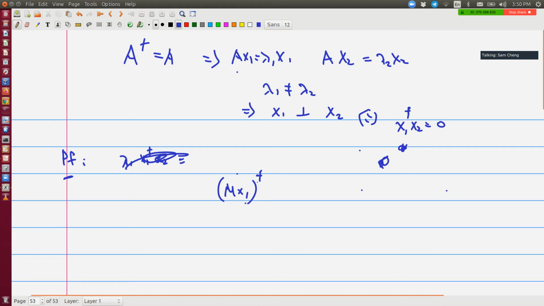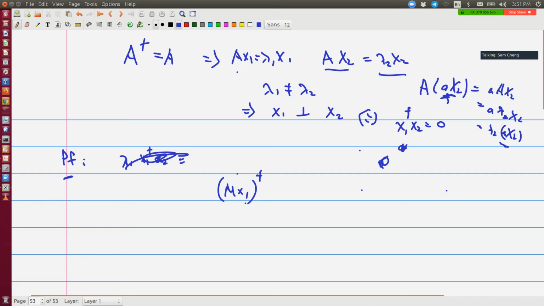It depends on A. For example, it won't be unique up to scaling, because if I have A x2 equal to lambda 2 x2, then A times a x2, if a is a scalar, I can pull the a out, so that will be equal to lambda 2 a x2. So if you scale it, it will still be an eigenvector. Scaling is not unique.